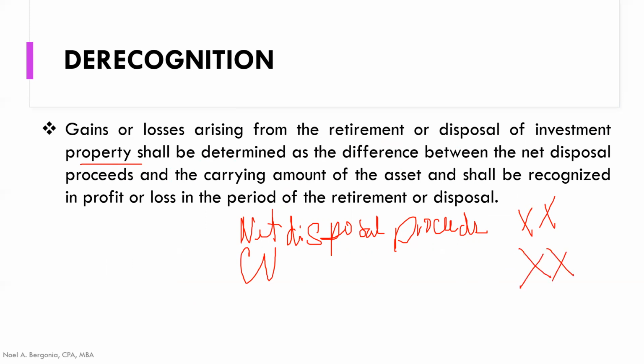Okay, so kung cost model ka na investment property, then i-update mo yung depreciation until the date of disposal. Kung ito ay fair value model, then yung pinaka latest na fair value na i-record mo doon, yun yung kanyang carrying value. Okay, so if the carrying value would be higher than the net disposal, then may loss. Carrying value is greater than net disposal proceeds, then there would be a loss.